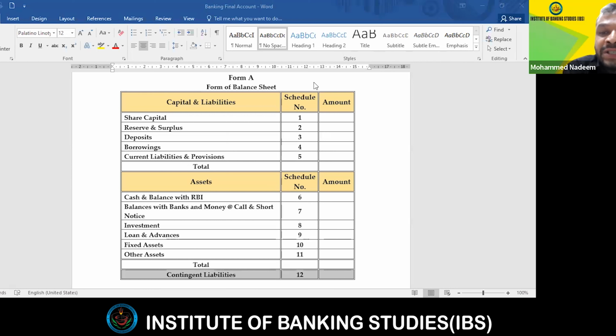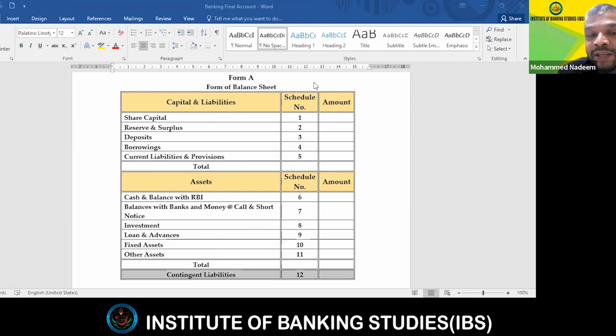Okay, now schedule number 6. Cash and balance with RBI. As you people are aware, you have to keep certain money with the RBI. That money will be shown in schedule number 6.